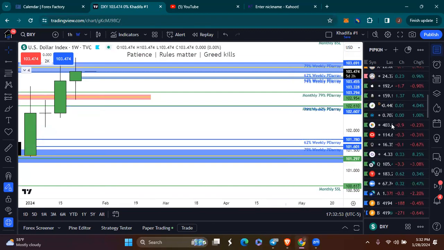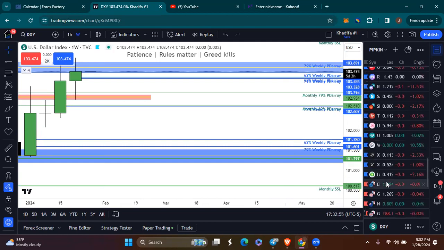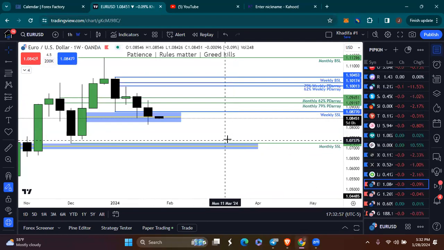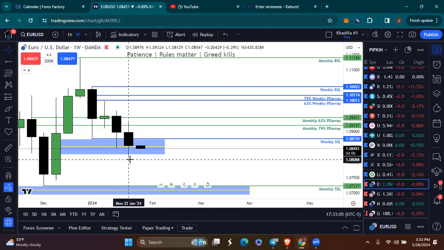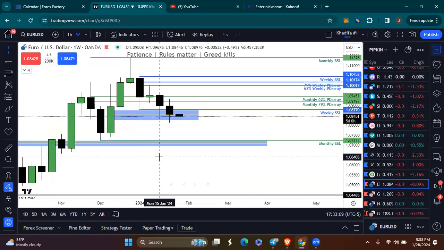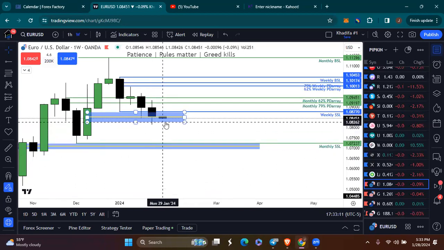Cool beans. So with that being said, the draw on liquidity for EURUSD is to the sell side for my bias and my analysis this week for the pre-week analysis.